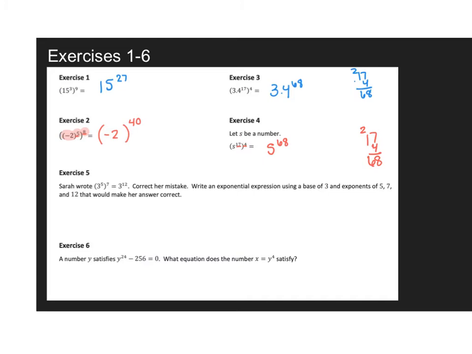Write the correct answer. So if you look at this, what did she do wrong? Please message me in the chat if you can figure it out. What did she do wrong here? Well, you should have noticed that she didn't multiply the 5 and the 7. She added them. So mistake: added the exponents.